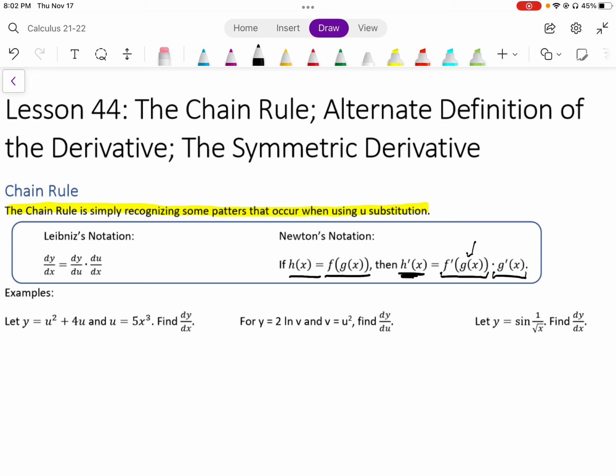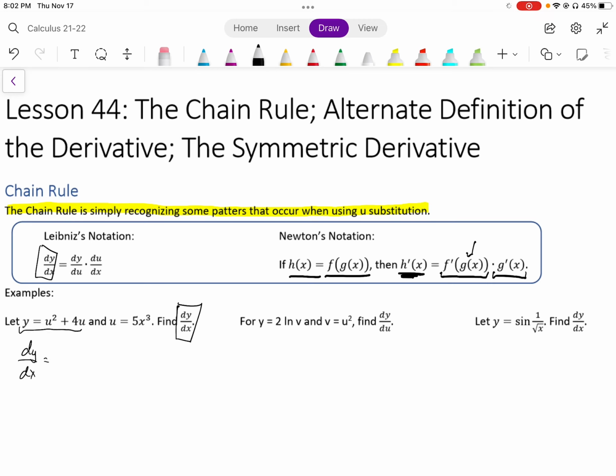It says, let y equal u squared plus 4u, and u equals 5x cubed. Find dy dx. Well, this is in Leibniz notation, so let's go ahead and do that. So if we want to find dy dx, let's look up here. dy dx is simply going to be equal to dy du.